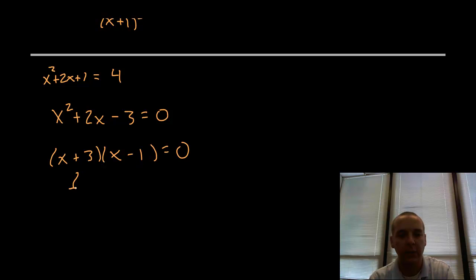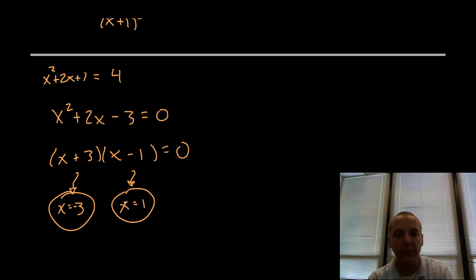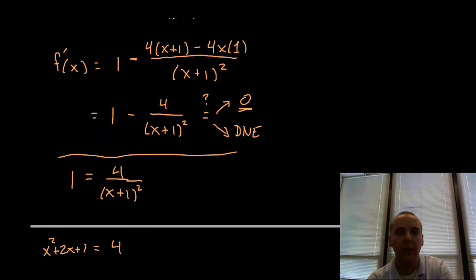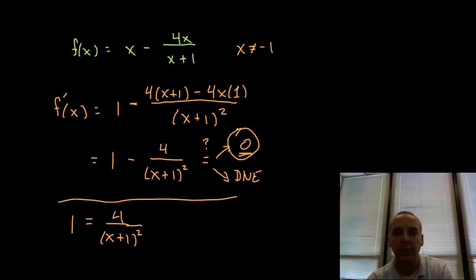And this will tell us what our critical points are. One of the critical points is at -3, and one of the critical points is at 1. And now what are these places? Well, 1 and -3 are x values that will make the derivative be 0. That's what they're doing. So they are critical points.